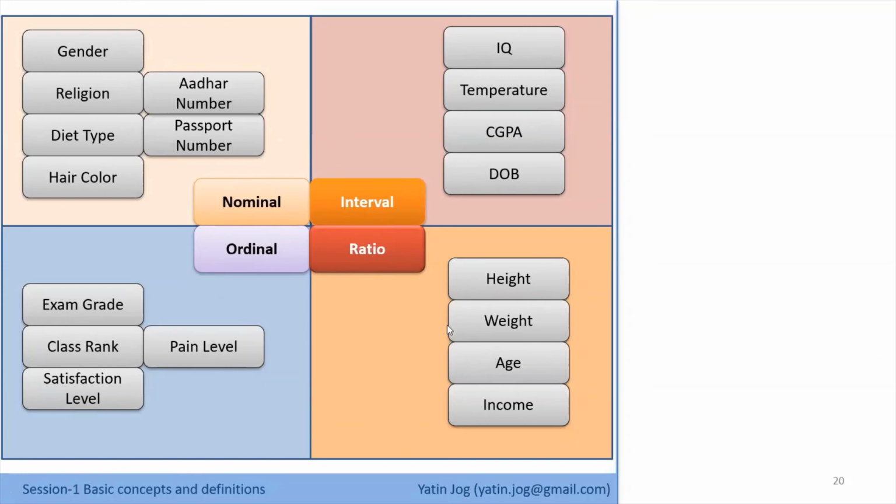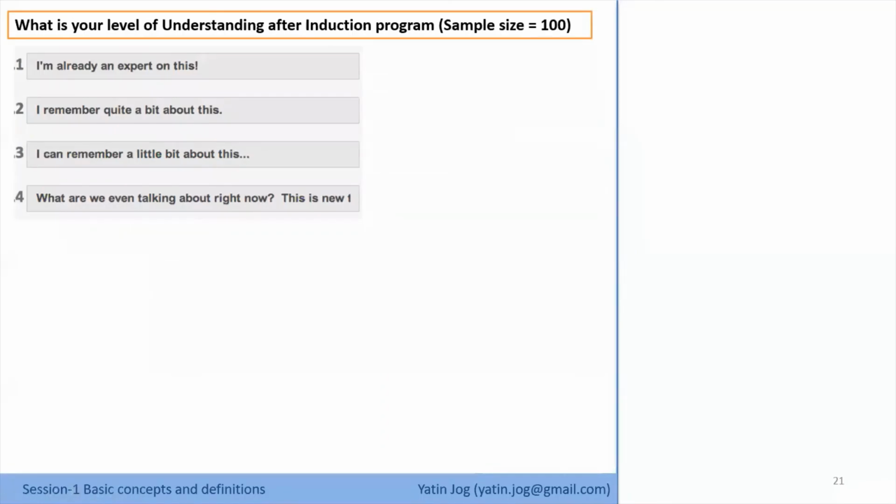If I ask you a question, what is your level of understanding after some induction program or after some course, and if my sample size is 100, now you can understand everything I'm talking about. I'm talking about a question, a sample size, and I'm giving you 4 options. Looking at the options, you can say whether this is a nominal variable. I am already an expert on this is my first option.